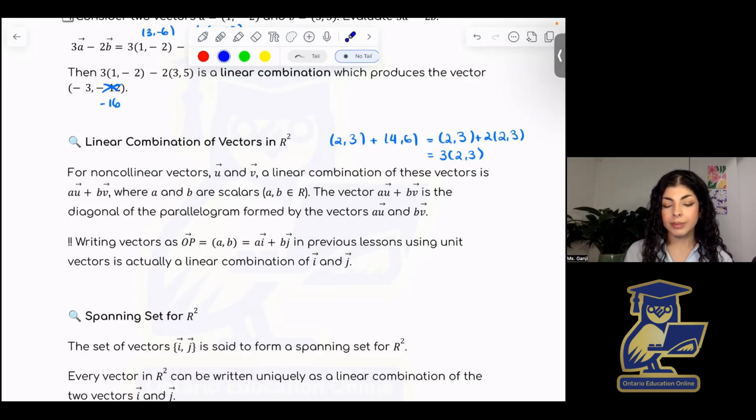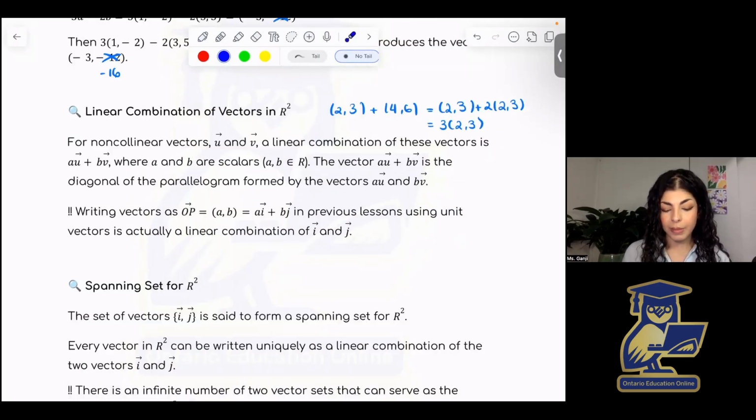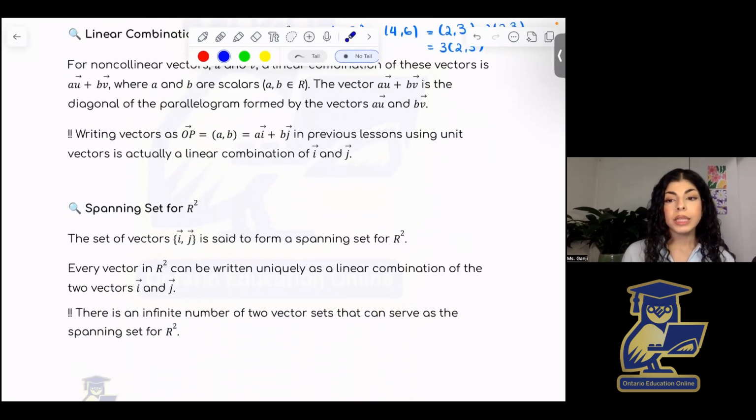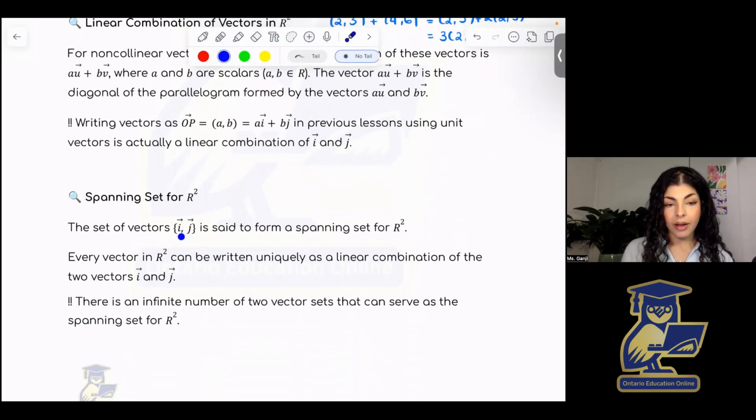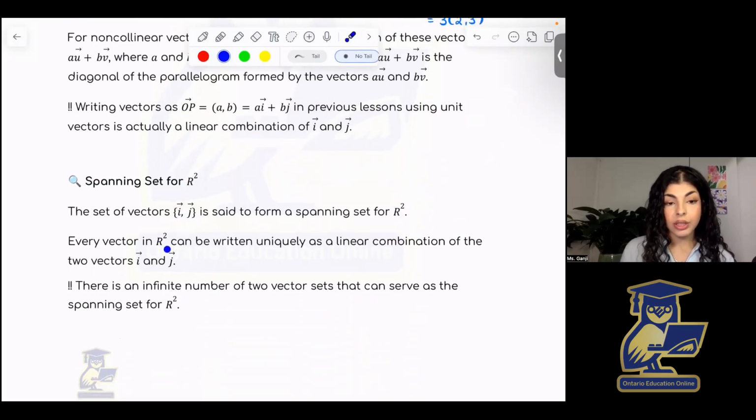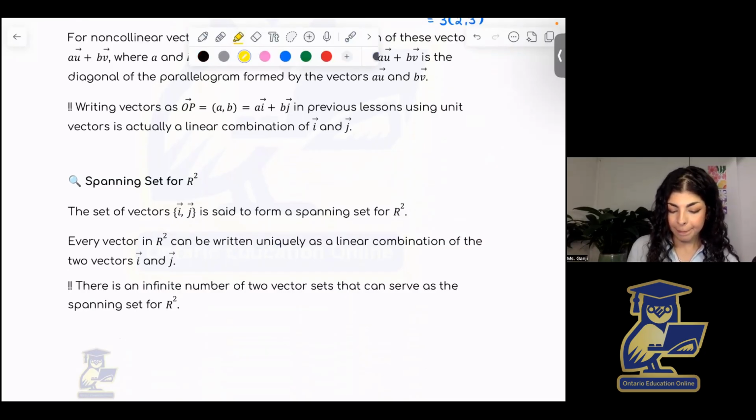And the reason for that is because these help us form spanning sets. So a spanning set for R squared is a set of vectors, and for example, in this case, the unit vectors i and j, that span all of R squared. So what that means is that every vector in R squared can be written uniquely as a linear combination of the two vectors i and j.